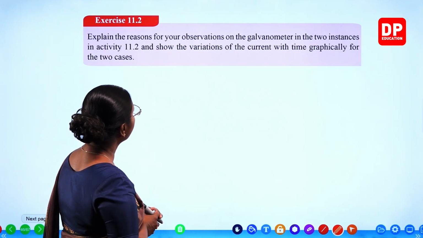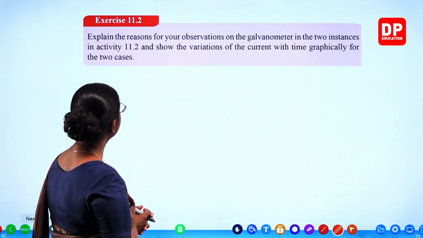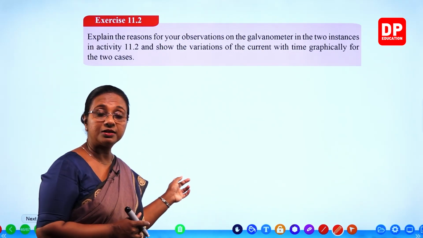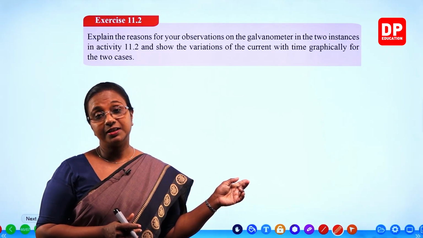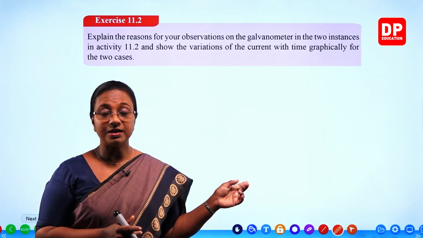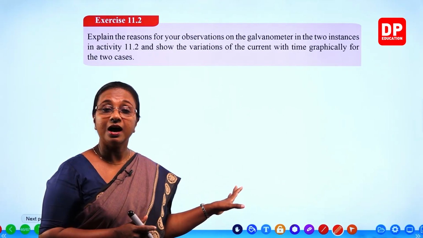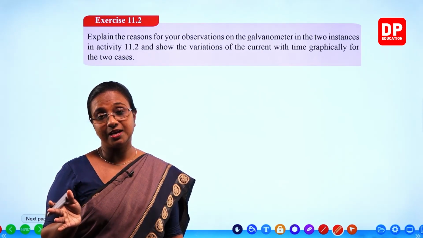Now, if you go back to activity 11.2, that is the full wave rectification activity. That is what we did before. So, there you need to understand why the galvanometer deflects in the same direction.